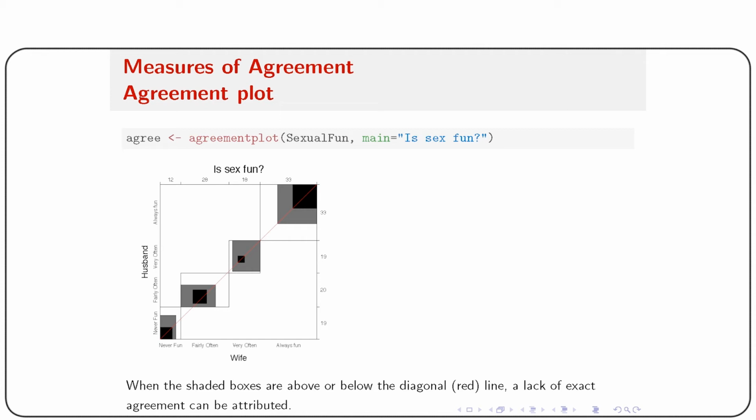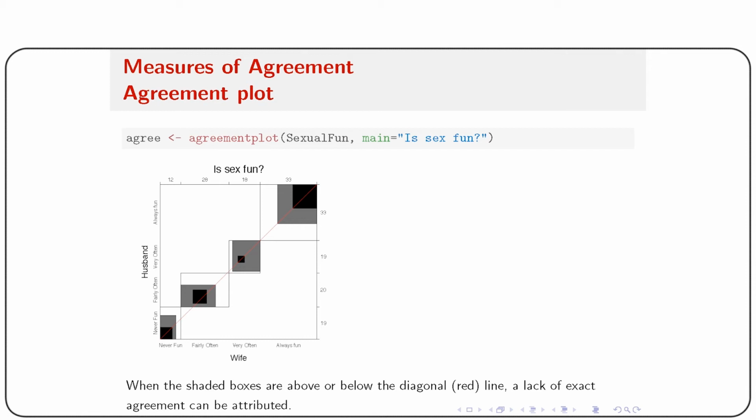When the shaded boxes are above and below the diagonal red line that is displayed, it indicates a lack of exact agreement. If you see always fun, both husband and wife are saying it is always fun, because it's completely on the middle line.